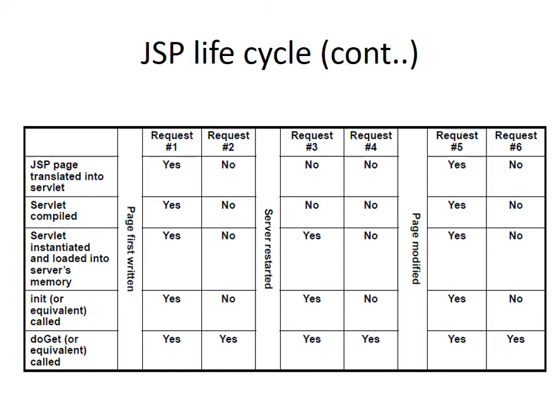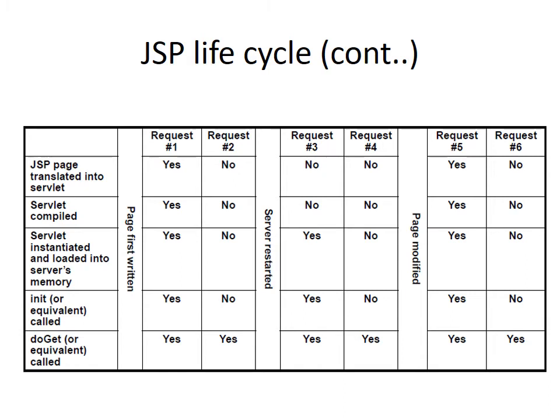Now when does the servlet get instantiated and loaded into the server? Naturally for the first request, and if the server is shut down, your Tomcat server, your Oracle GlassFish server, if you have shut it down and restarted it, naturally again the servlet needs to be instantiated. The init method, which I said is jspInit, right? So that is called only for the first request.